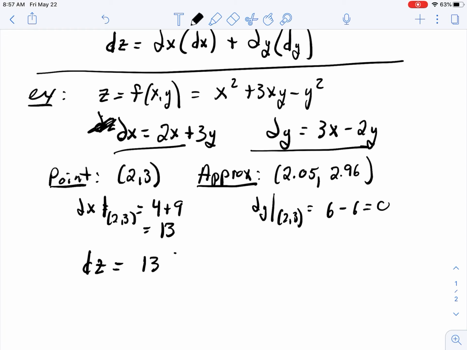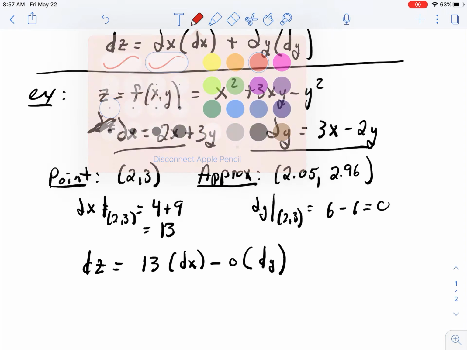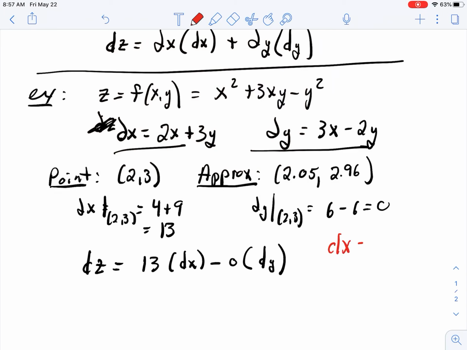So my slope would be 13 dx minus 0 dy. So what is my change in x? My dx, my change from 2 is 0.05.